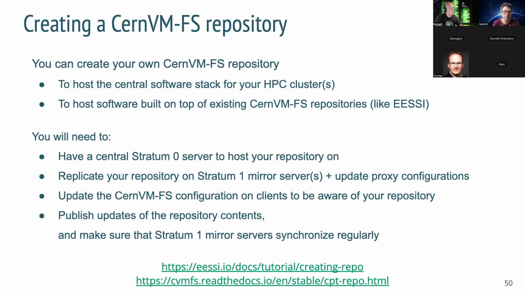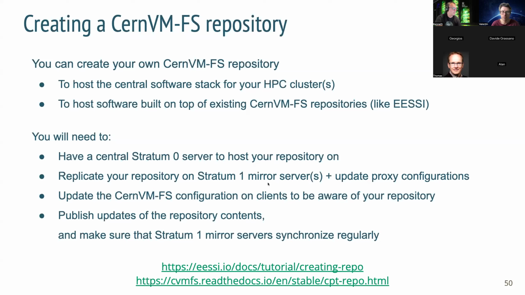Now, suppose you want to do this, you want to set up your own host and your own CernVM-FS repository. That means you'll have to set up the central server that hosts that repository, so the Stratum 0 server, you'll have to set up yourself. You'll also need to make sure that you have a mirror server that replicates that repository. You don't want to connect your clients directly to your Stratum 0 server.